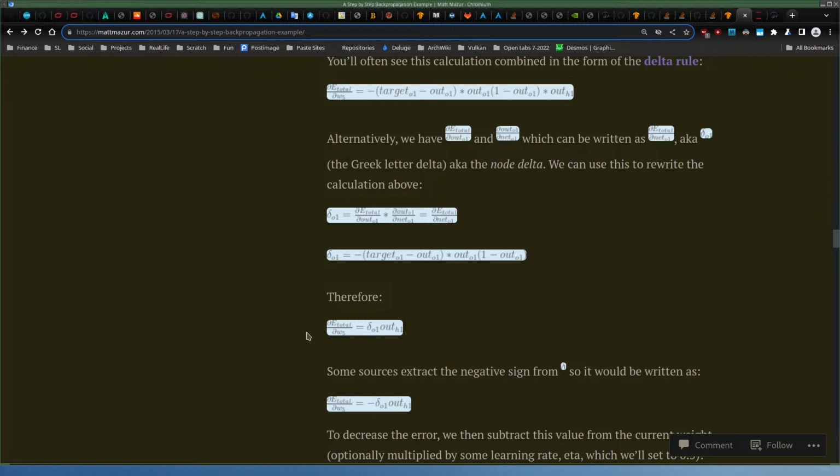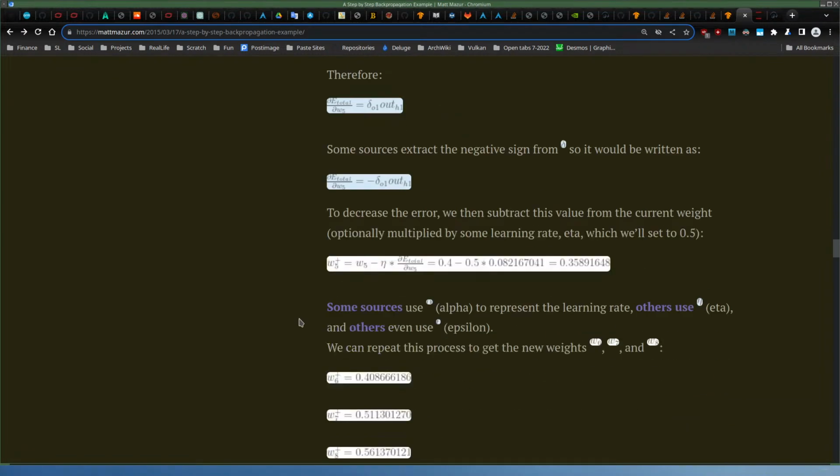And then one layer back, we want maybe to get something like the derivative of E total with respect to the weight of the previous layer. For example, W1 is delta H1 times the thing that W1 is multiplied with, which would be I1, input 1. See if that's correct, and I can find that back somewhere.